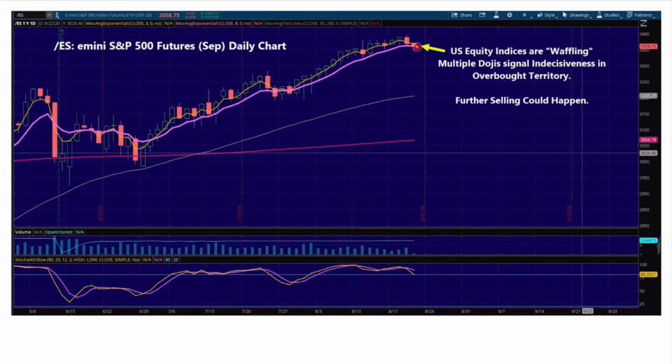Once they break through the T-line, if they do, it could be an indication that further selling is going to happen, and there could be, at least for the short run, a reversal in investor sentiment and some profit taking happening. So I'm not crazy about the S&P 500. For that matter, today, I'm not really crazy about any of the markets. I'm seeing a lot of indecision.